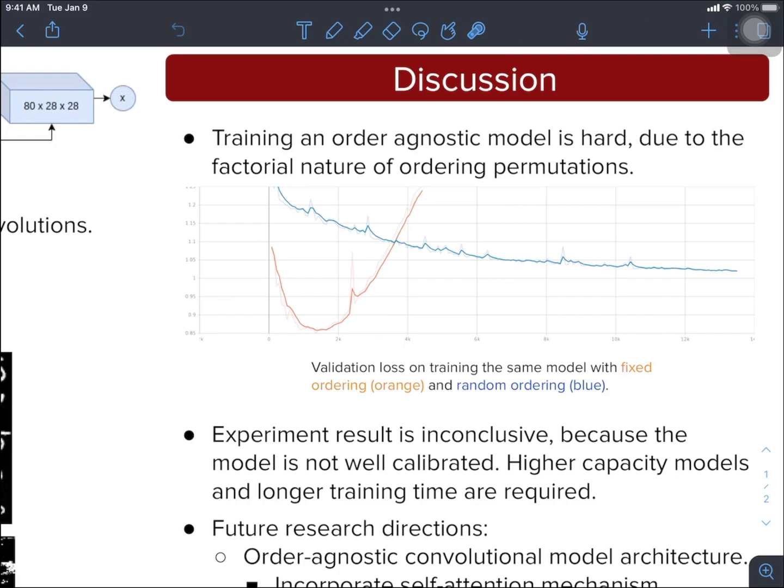And unfortunately, because of that, the experiment has an inconclusive answer to my questions, because we don't have a well-calibrated model, so we can't actually tell whether the sampling technique is well applicable to convolutional neural networks or not.